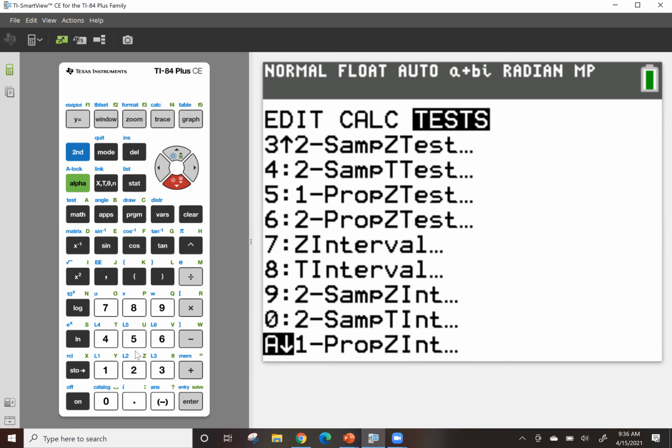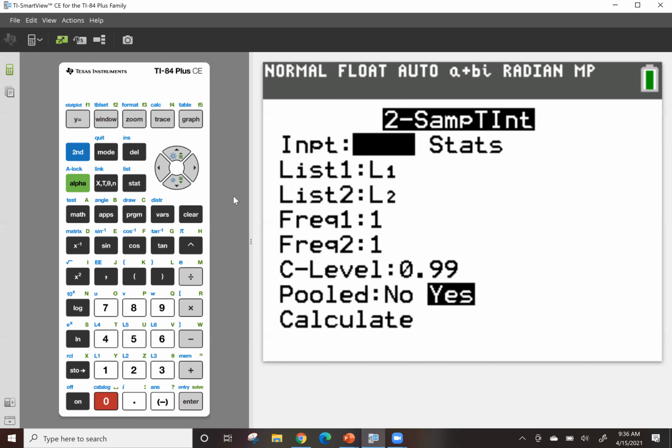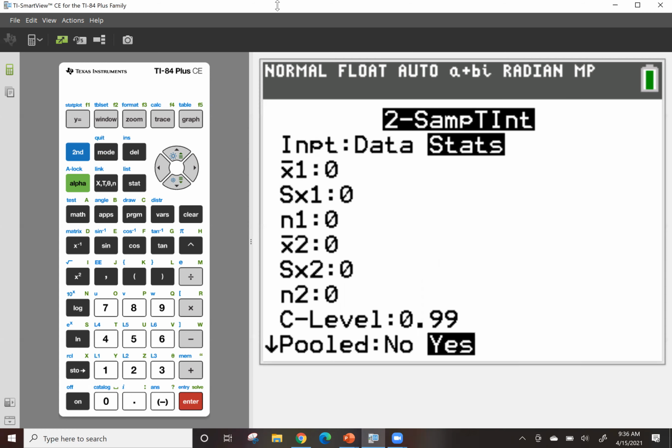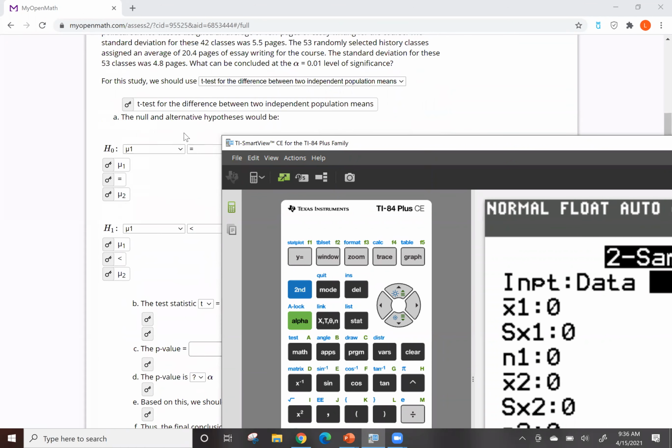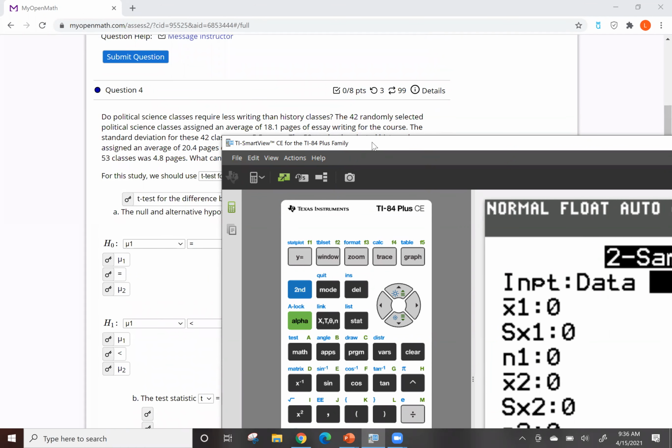We're going to use stats. And then we just put all that stuff in. So what did we have here? See if I can get it where I can see both of them at the same time.